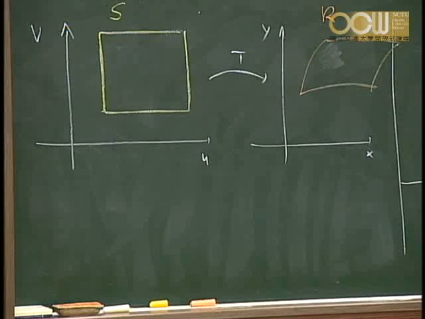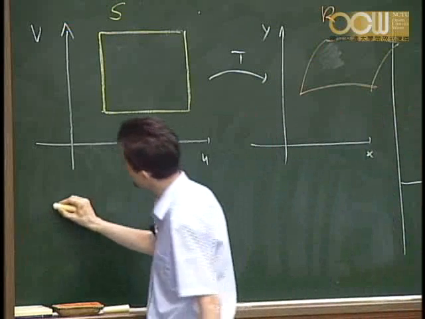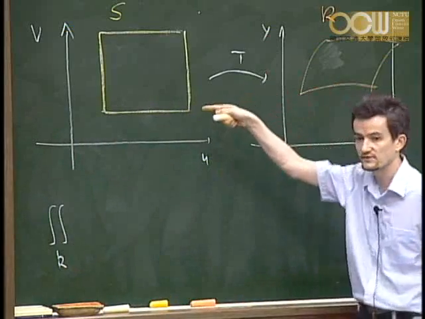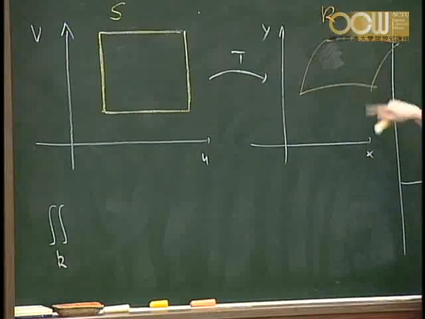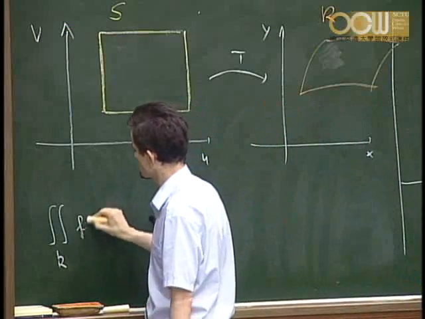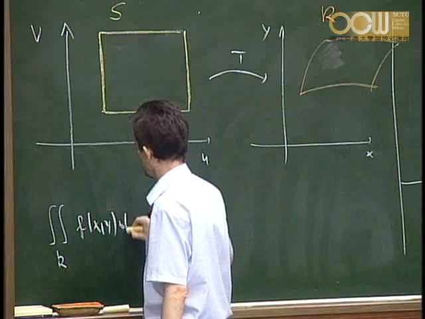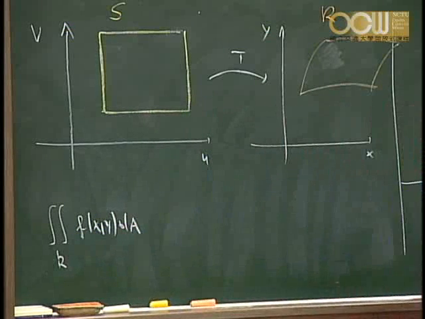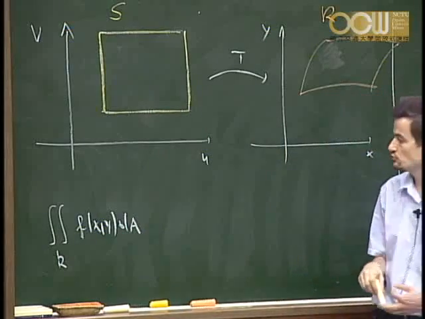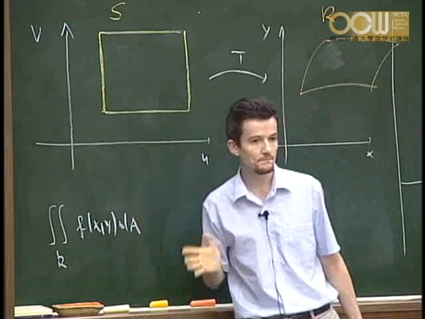Normally what you have given, because we want to do a change of variables, is the double integral over R, not over S, because normally we start in the xy plane. So the double integral over R of some function f of x y dA. And what we want to do is use T, our C1 transformation, in order to replace x and y by u and v.